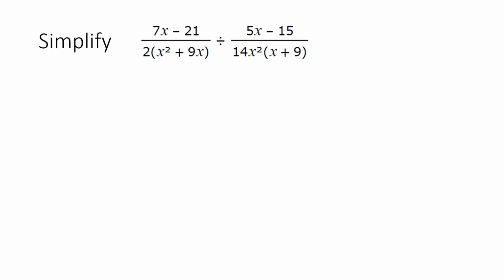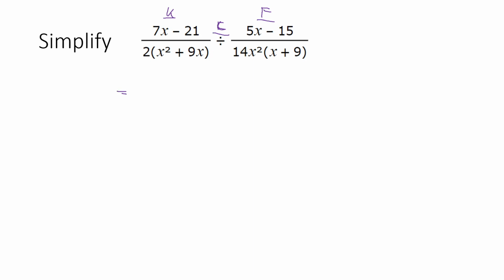Now, let's move on to the last example where this time we're going to divide. Remember what we're going to do. We're going to keep, we're going to change, and we're going to flip. KFC.